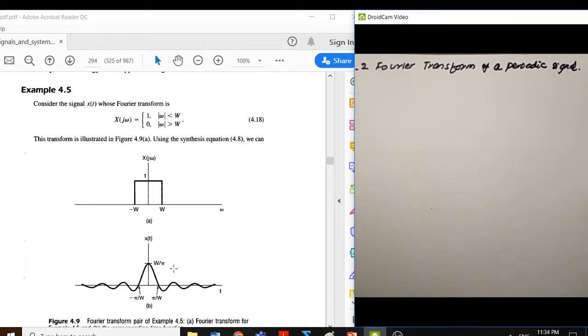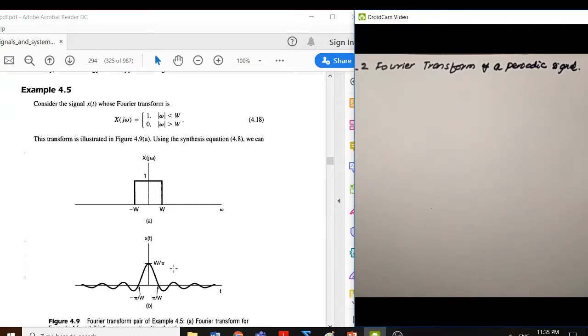Fourier transform is a very basic transform which can be applied to both periodic and aperiodic signals. So let us see what is the relationship between Fourier transform of a periodic signal and Fourier series of a periodic signal, because both are Fourier analysis methods and both are giving us the frequency spectrum, so there must exist a relationship between them.